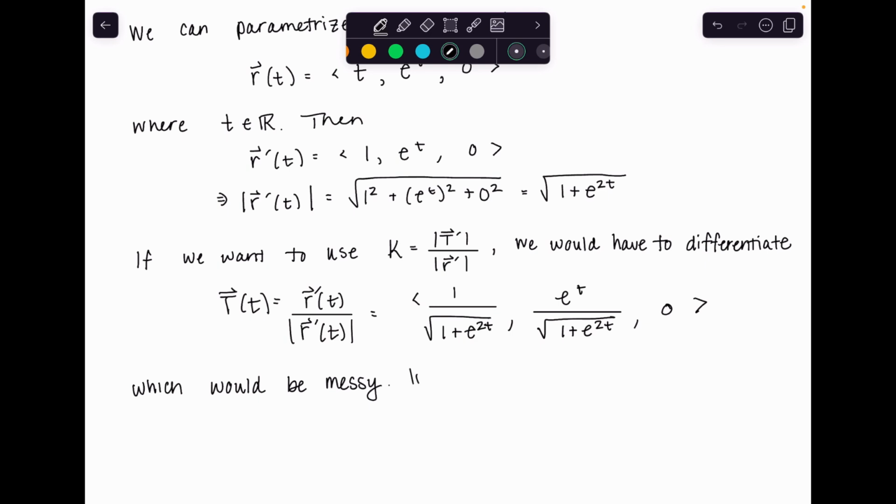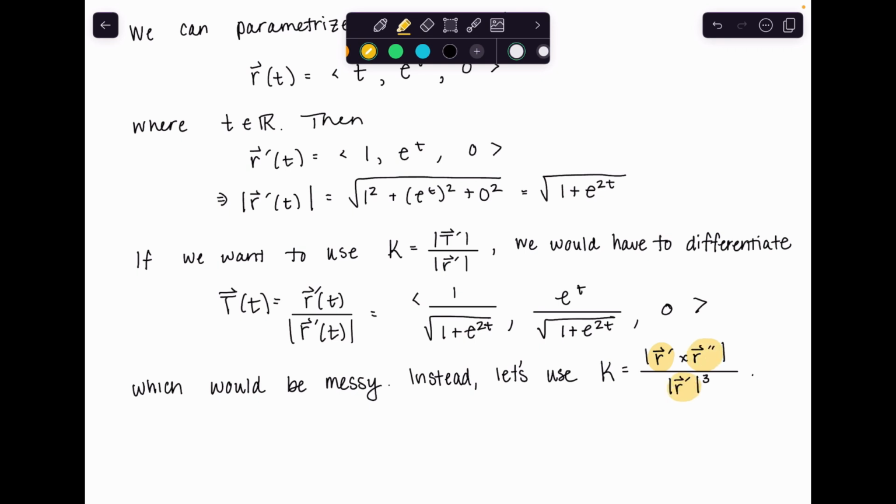So instead, let's use that our curvature is r prime cross r double prime over the magnitude of r prime to the third. We have this, we have this.